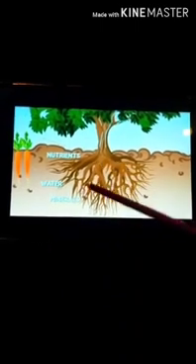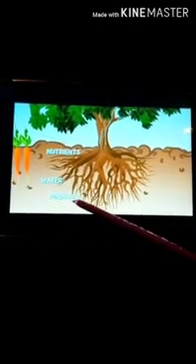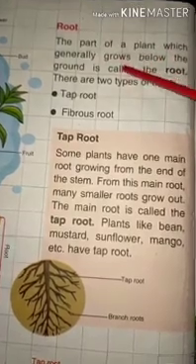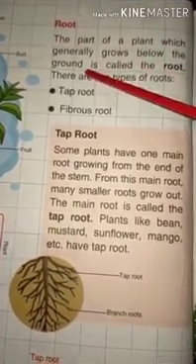They absorb water, minerals and nutrients from the soil and help them reach the other parts of the plant. Some roots even help in storing food for the plants. So root grows below the ground.